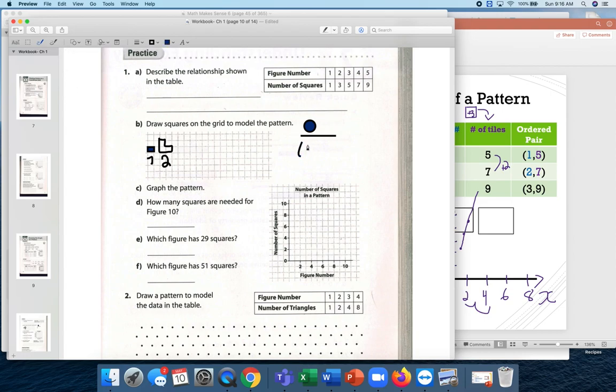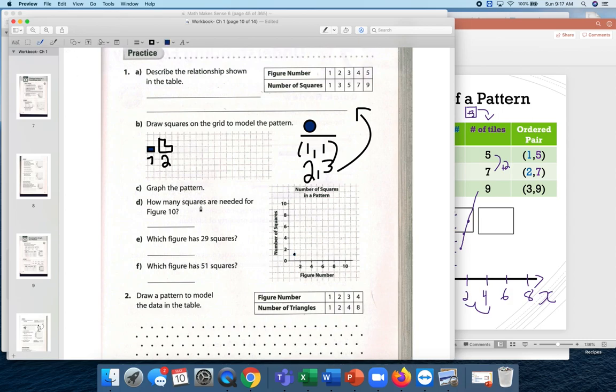It should be, first, 1, comma, 1. And then the next one would be 2, comma, 3. So I suggest that you do that first, to represent each of these. Then it's going to be easier for you possibly to graph it. So 1, comma, 1 obviously would go here.